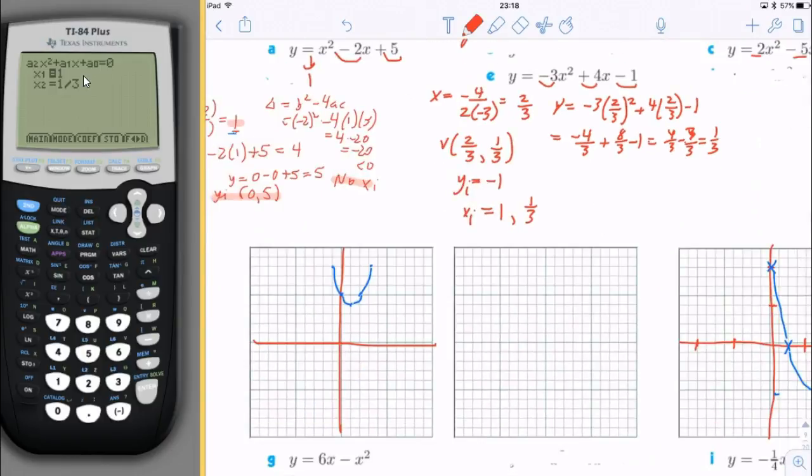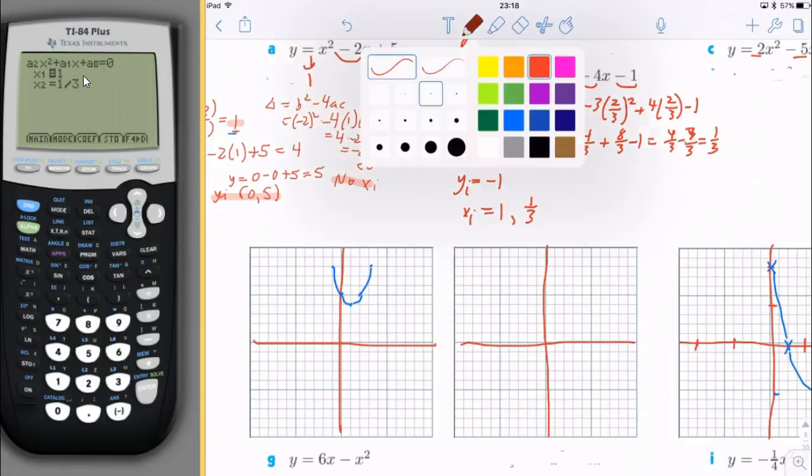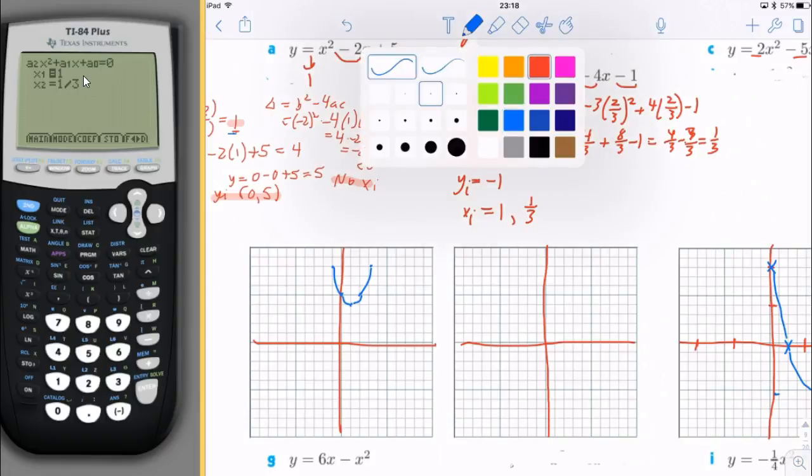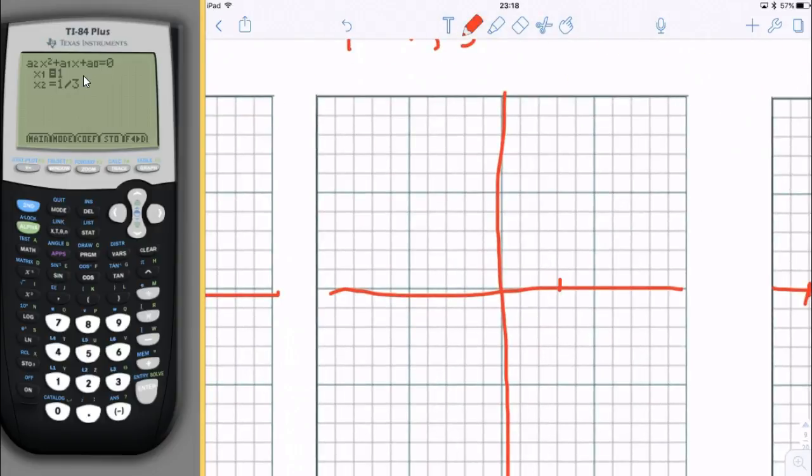And then I'm going to graph this one here. So here are the axes, and I'm going to divide this up actually into thirds. So each one of these is going to be a unit.